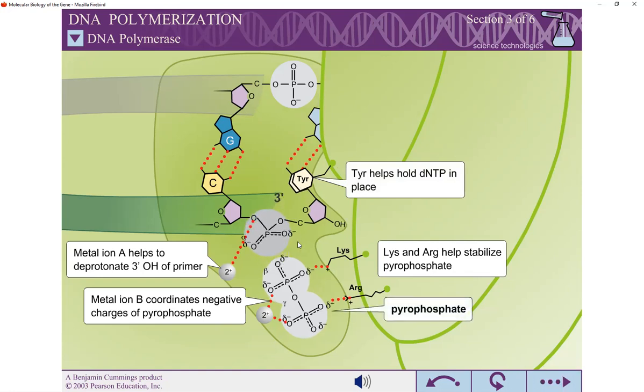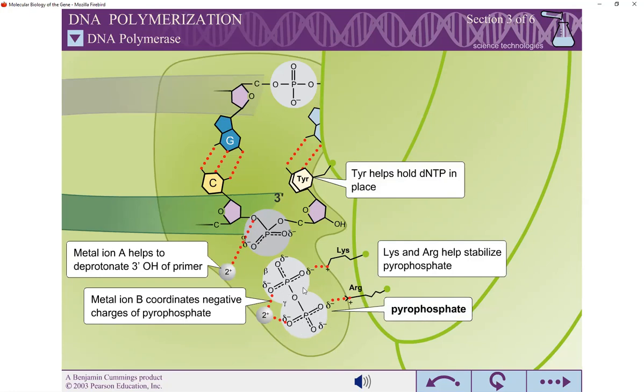Now, before we move forward, please look here. The lysine and arginine, both of these are basic amino acid residues. As these are basic amino acid residues, they will bind to the negatively charged phosphate molecule. Lysine and arginine, being basic, will bind to the negatively charged phosphate molecule.